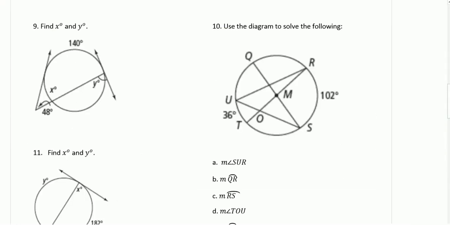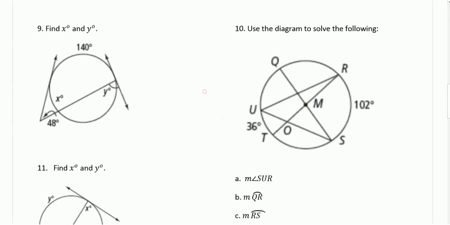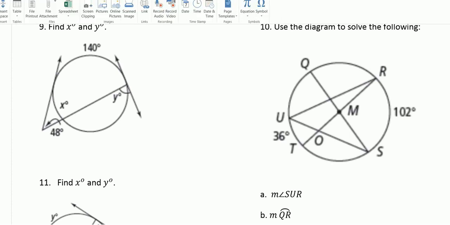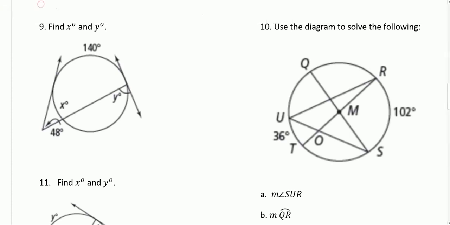Number 9, we're looking for the measure of angle x and the measure of angle y. Notice here we have 48 degrees is equal to 1/2 of 140 degrees minus x degrees.